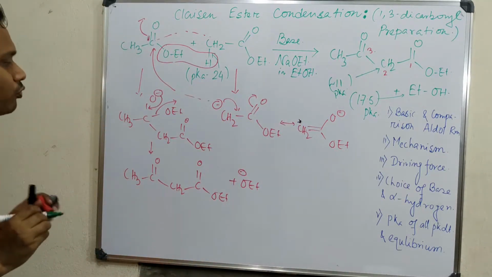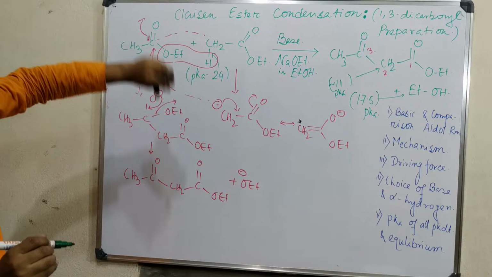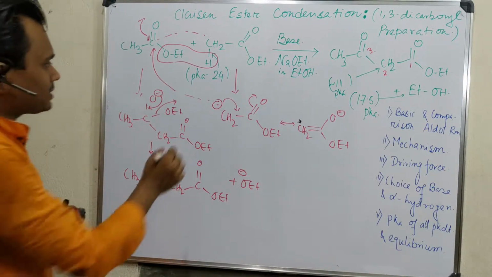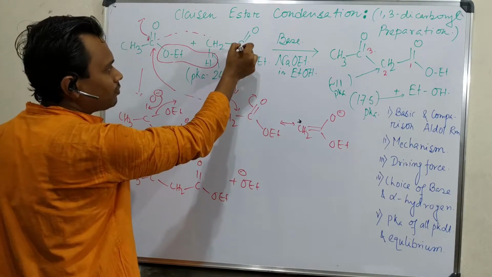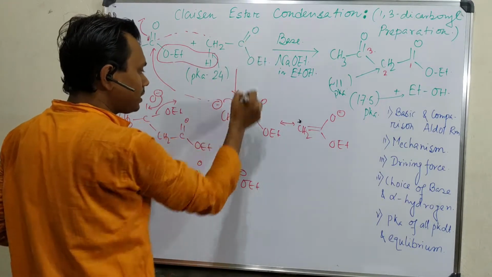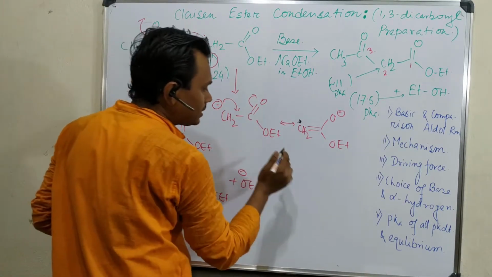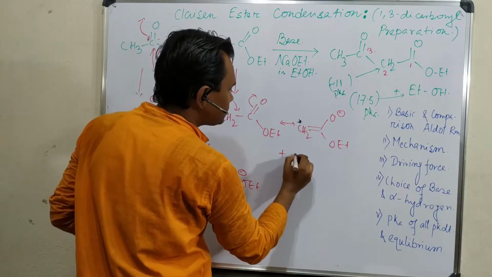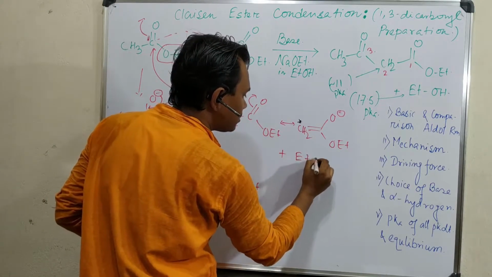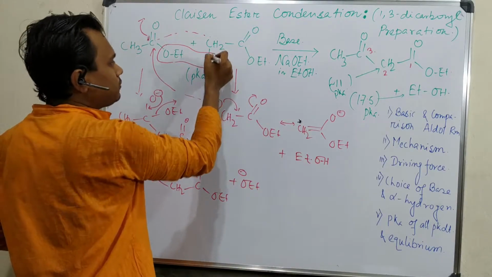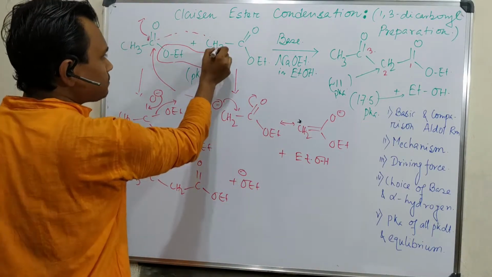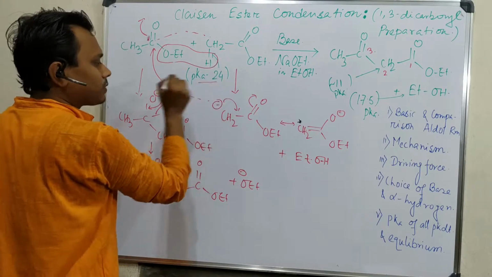Okay, so the question is what is the driving force? For example, if we check this step, it produces the ester enolate from the ester, along with an ethanol molecule. The pKa of this ethyl acetate is 24.